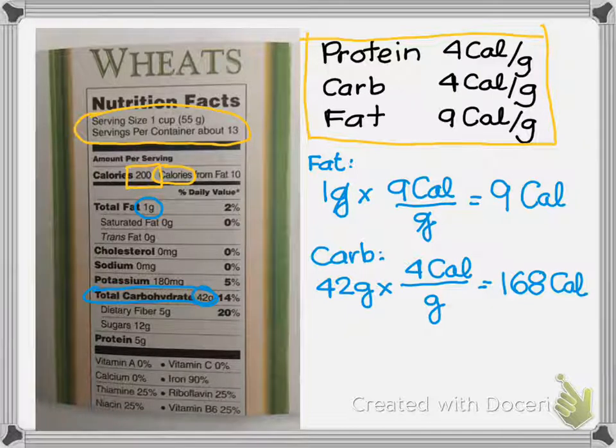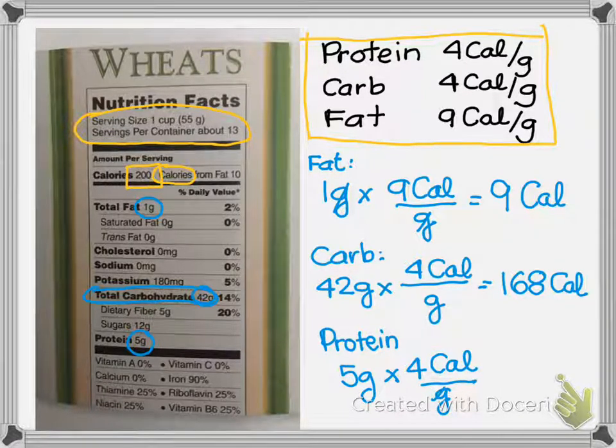And then finally, we have the category of proteins, which are 5 grams. So if this cracker has 5 grams of protein, and protein as well as the carbs give 4 calories of energy per gram, that is 20 calories. So we see the contribution of each category. And if we add up all 3, we get 197 calories.